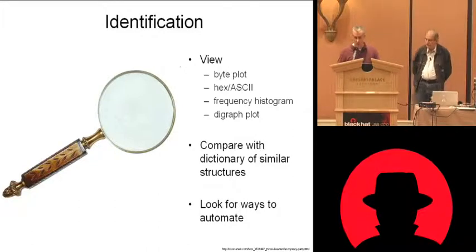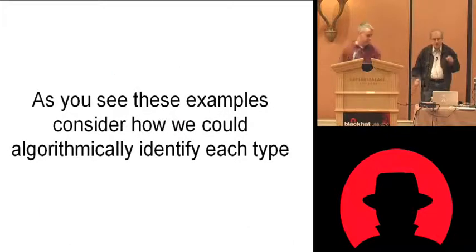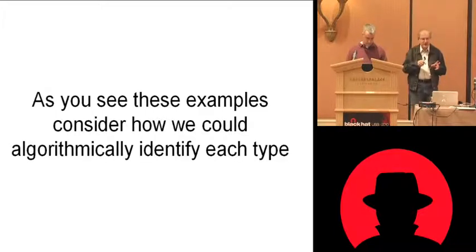Then you compare those to a dictionary of other similar structures. This is the analytic approach, but we also suggest that you will gain insights, and with those insights you're going to find statistical outliers, ways these things stick out, and with those you can find automated ways to identify them. So think of it as a bunch of antique magnifying glasses.